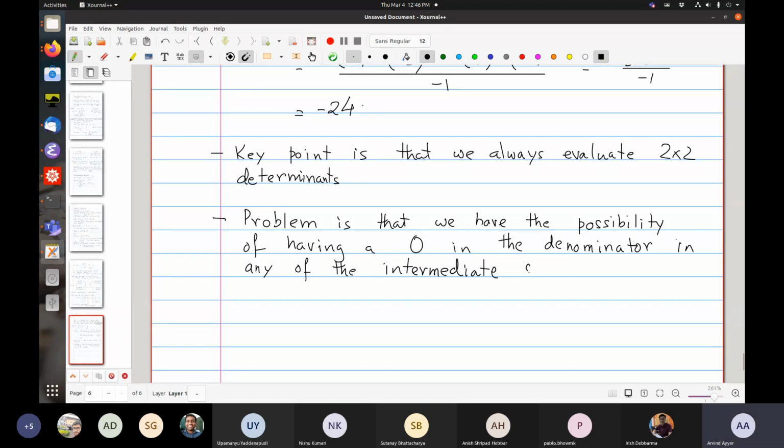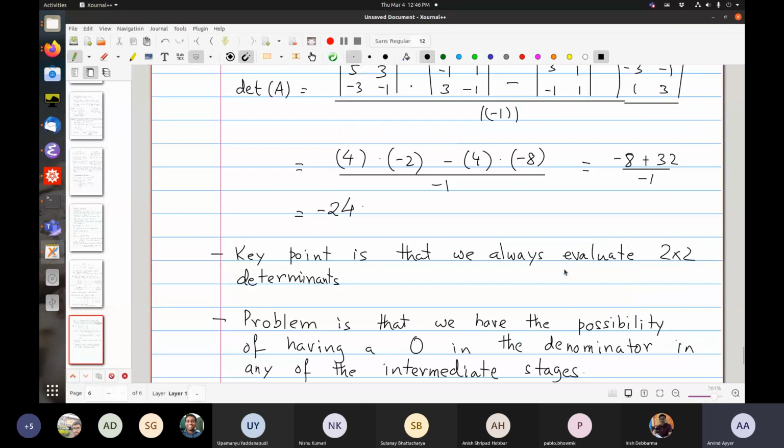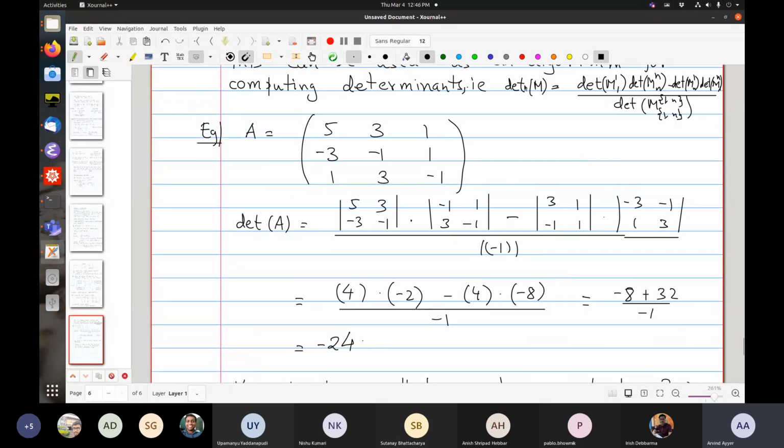But on the other hand, and this is the flip side of the same coin, you see that this algorithm, even if you started with an integer matrix, seems to potentially give you a rational number, right? Because you're taking denominators, and a priori you have no reason to expect a cancellation.